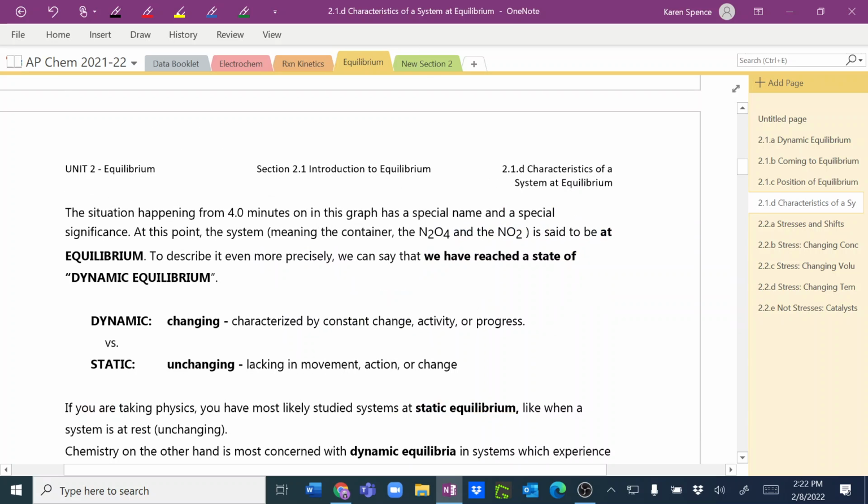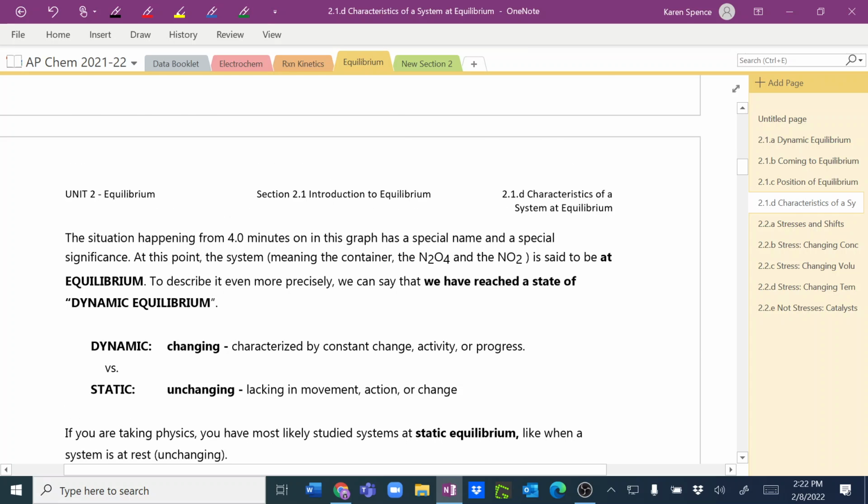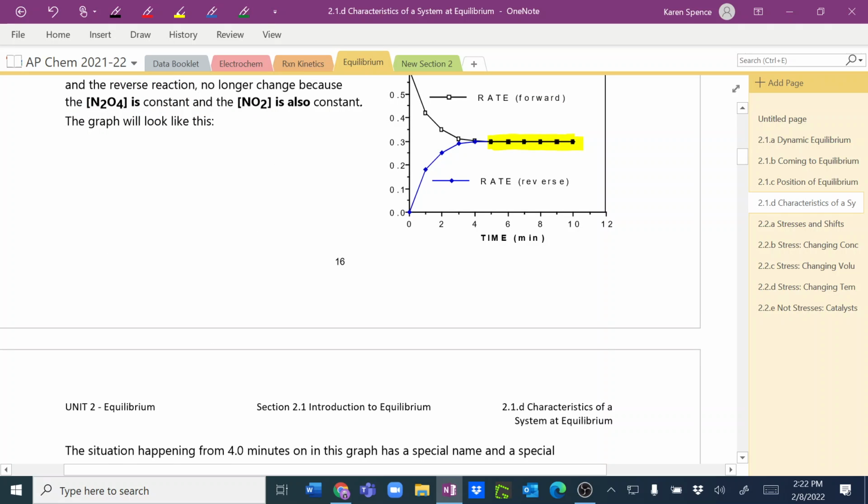All right, what does it mean that it is a dynamic equilibrium? Tell your partner, what does it mean that the equilibrium is dynamic?